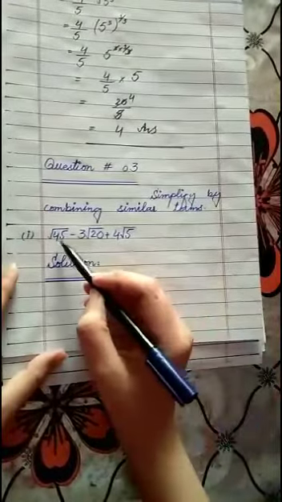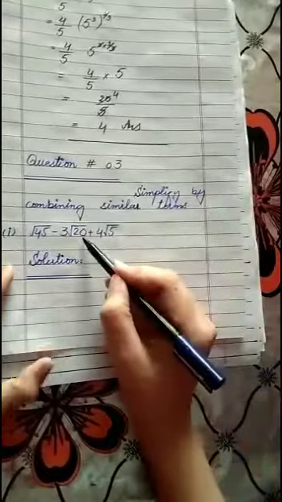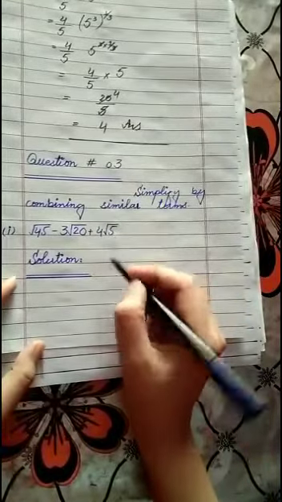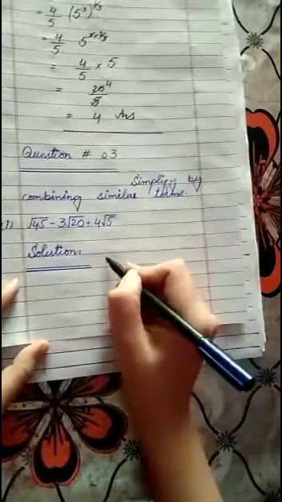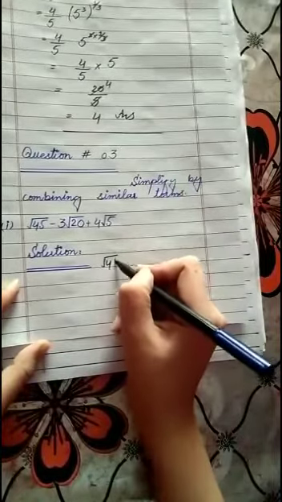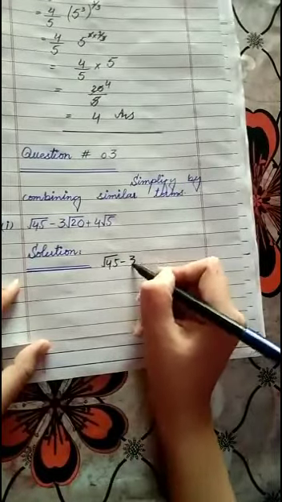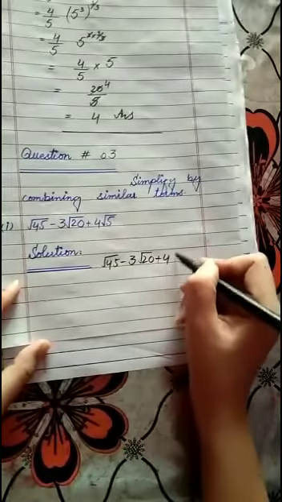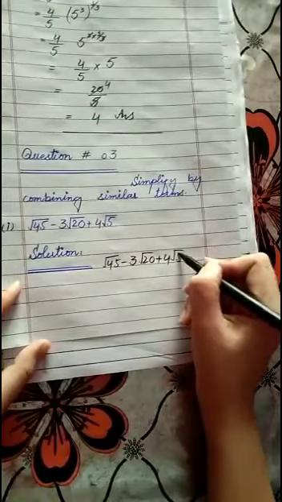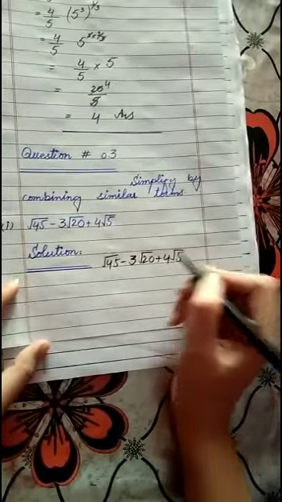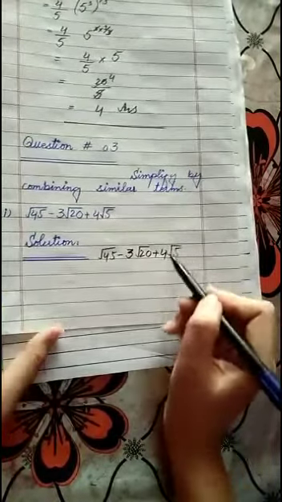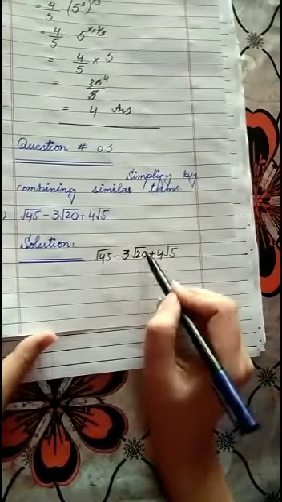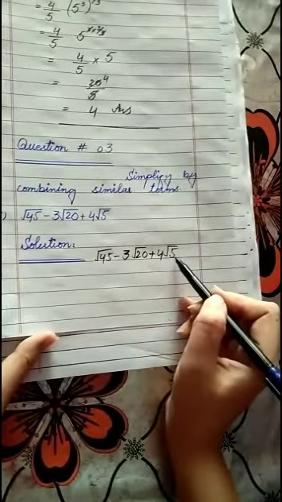Basically square root 45, square root 20, and square root 5. Square root 5 is the smallest term. So we have to also try to reduce these according to the smallest one.